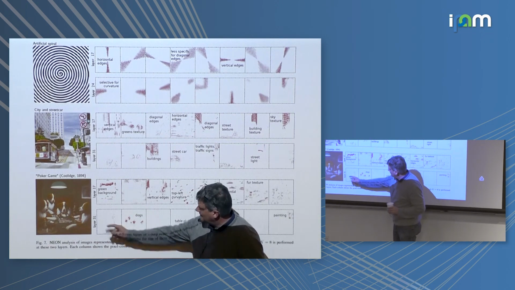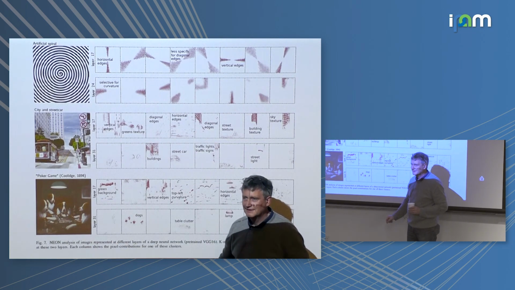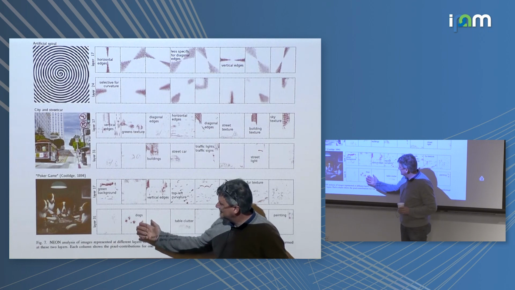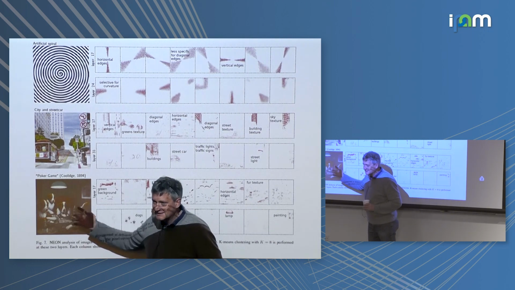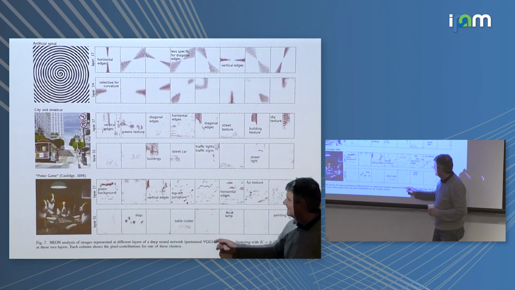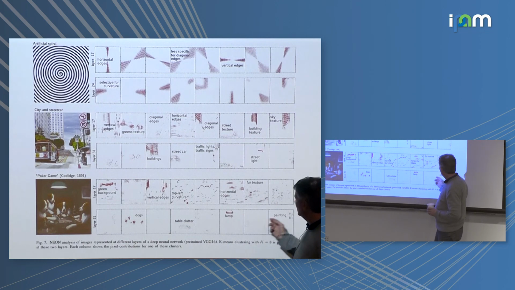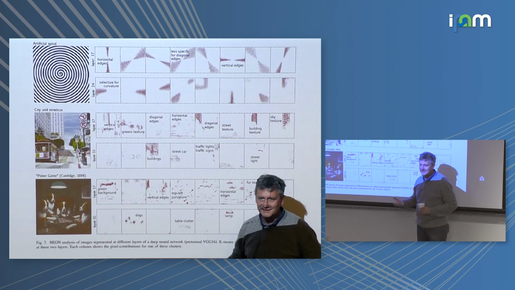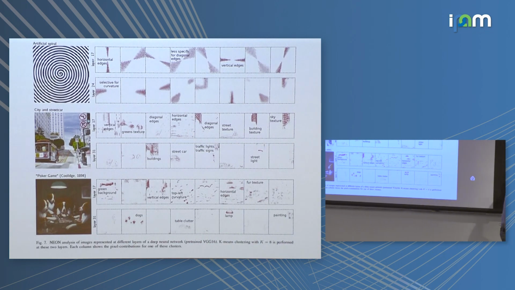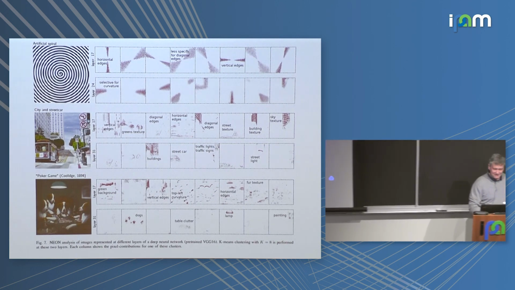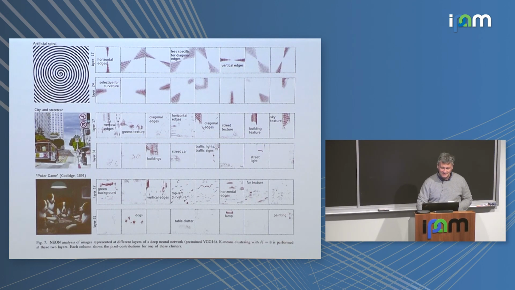But in layer 31, for example, we have clusters that are, for example, the dogs here, or the table clutter, or the lamp, or the painting. So some higher concepts. Same here in this image. So you can just get an idea of what can be done.